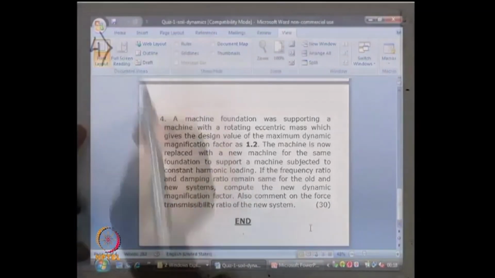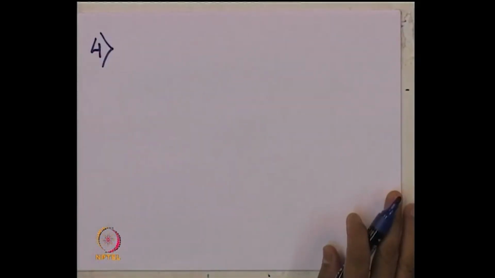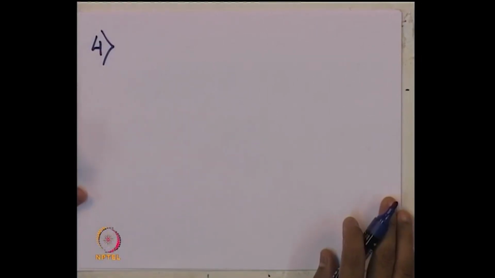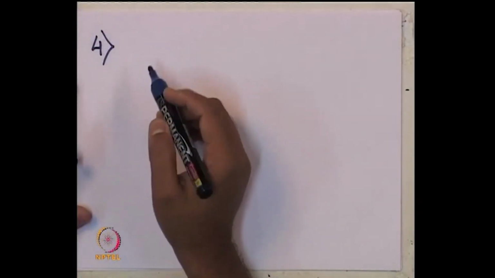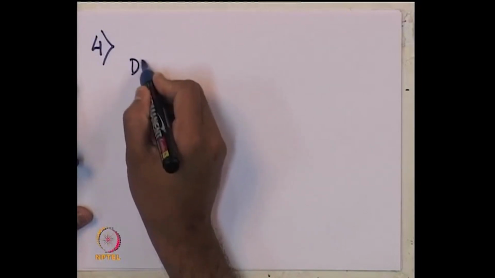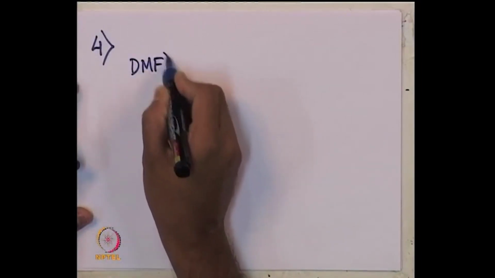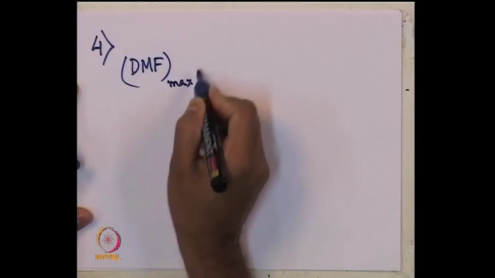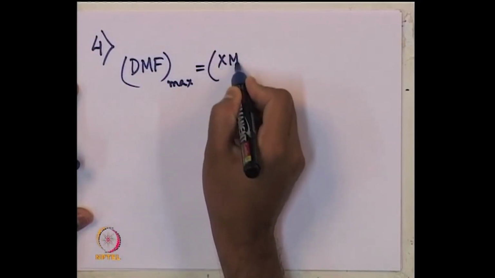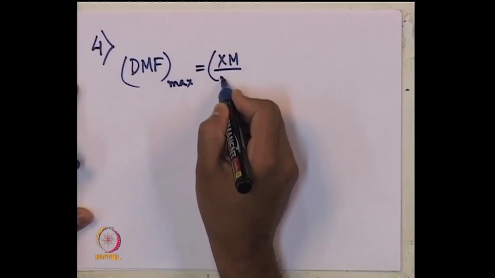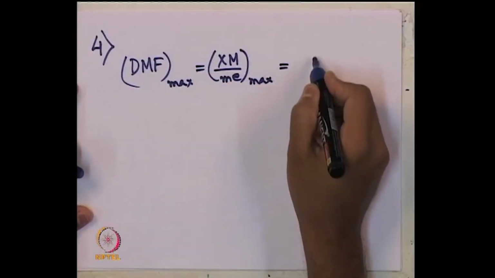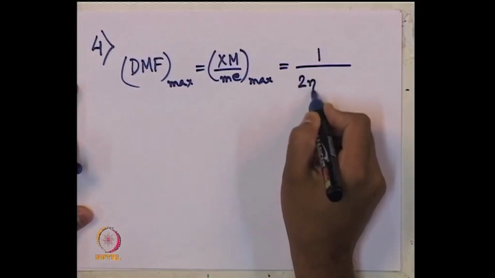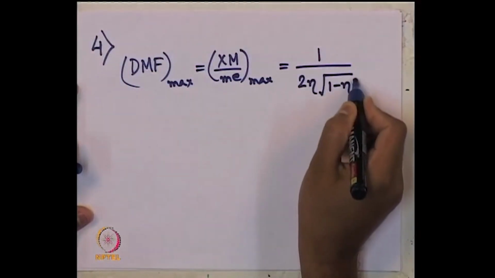So, let us start the solution of the fourth problem. Initially the machine foundation was of rotating eccentric mass type, and for that the expression for the maximum dynamic magnification factor, which is expressed as x m by m e in our usual terms, had a maximum value of 1 by 2 eta root over 1 minus eta square.